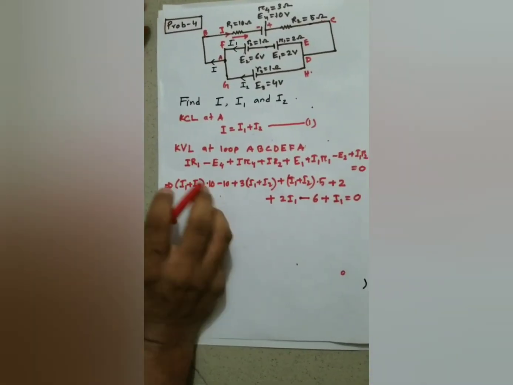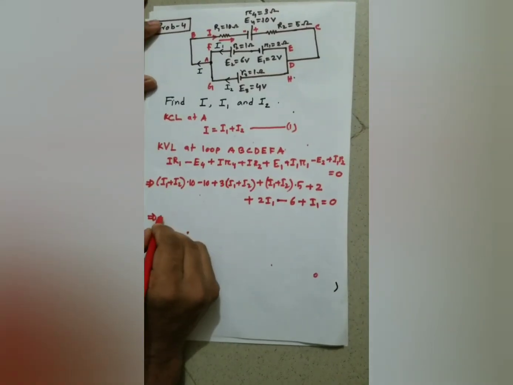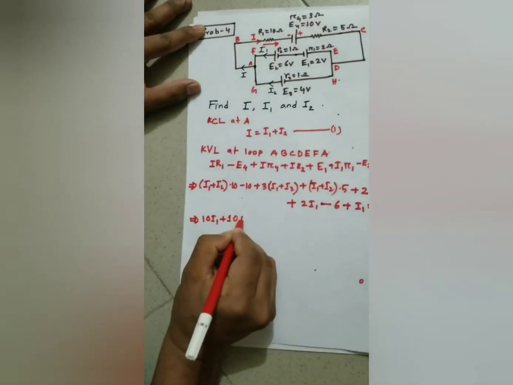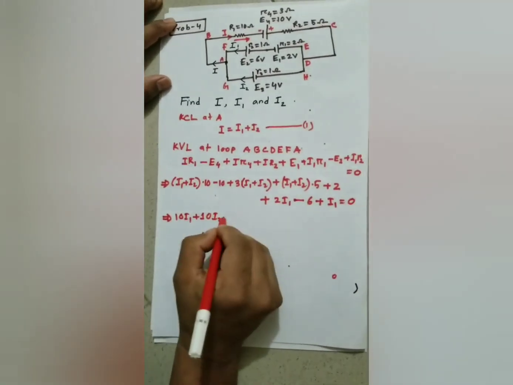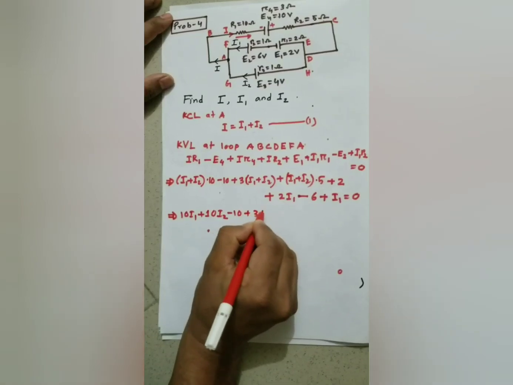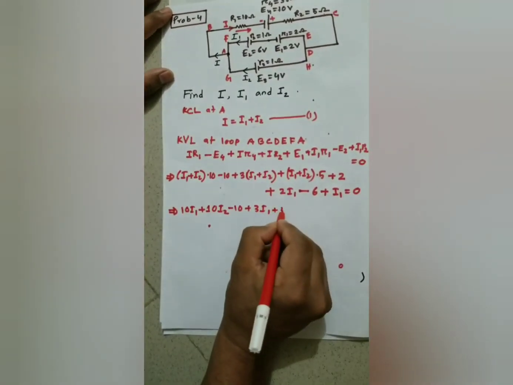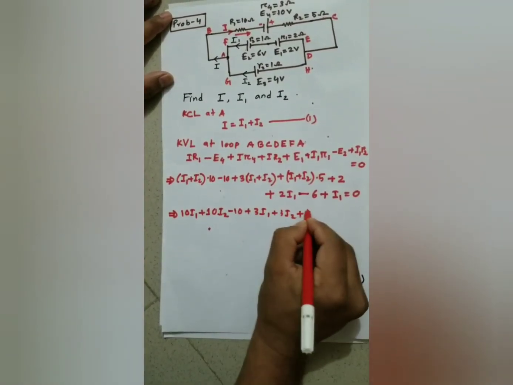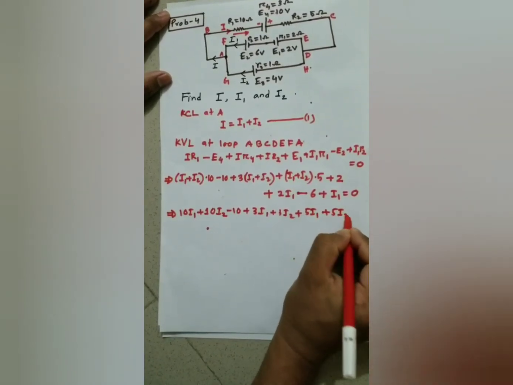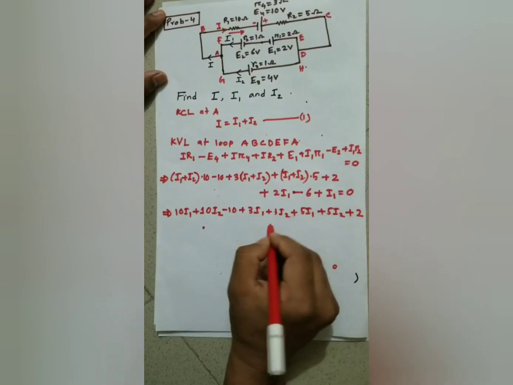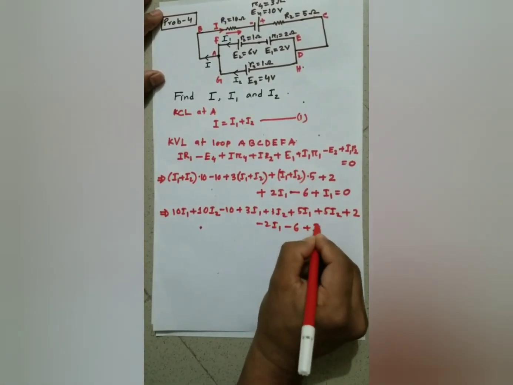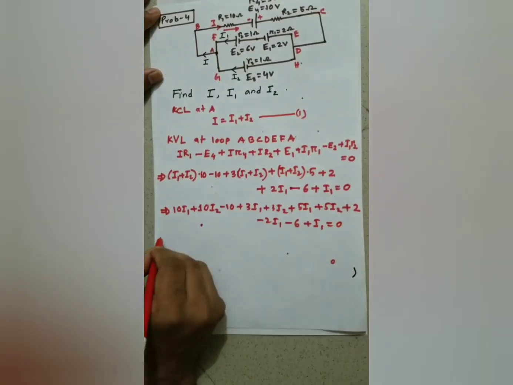So 10I1 plus 10I2 minus 10 plus 3I1, 3I2 plus 5I1 plus 5I2 plus 2 minus 2I1 minus 6 plus I1 equals 0.